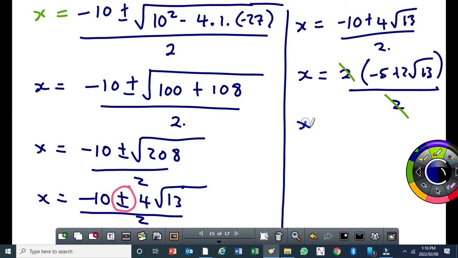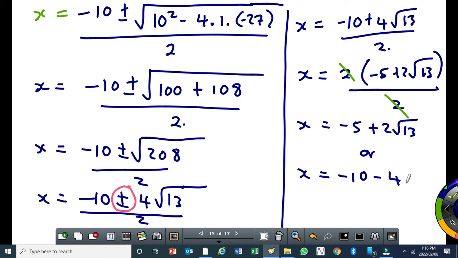So the final answer for the one which is positive will be x equal to minus 5 plus 2 root of 13. This is not the only solution. There are two, remember. The one which is negative, I can write as x equal to minus 10 minus 4 square root of 13 all over 2.